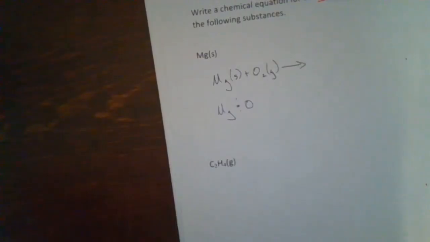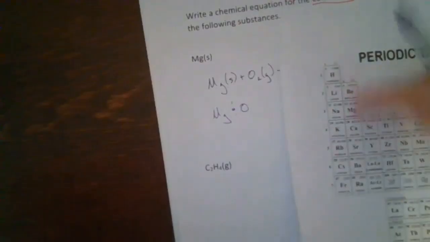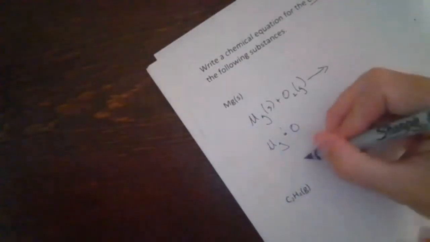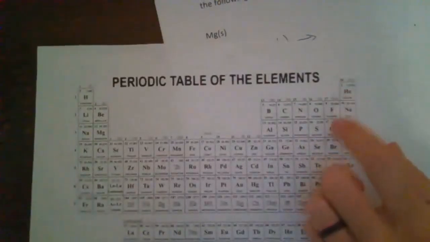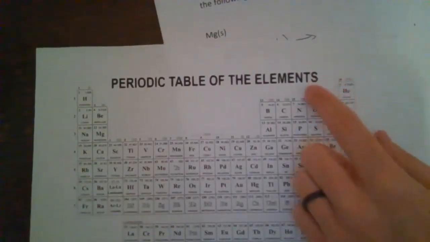The question becomes, what charges are they going to make? We know magnesium as a metal is going to be a cation, so it'll be positive. It's in column 1, 2, so magnesium will be Mg 2+. Oxygen is in column 6, so 6 over here, so this would be 0, -1, -2.